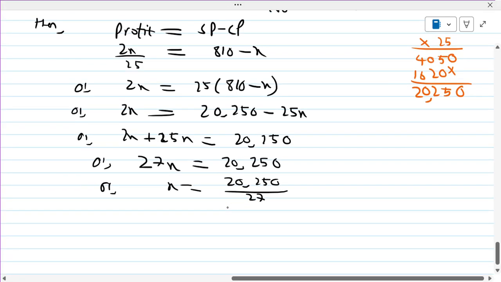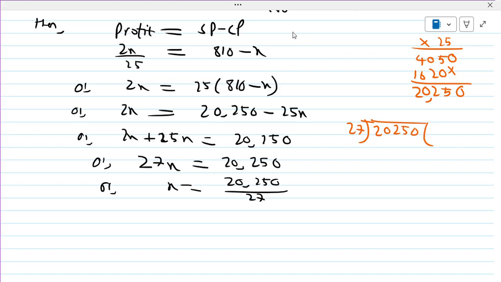And now we have to perform division manually over here by performing long division. So by 27, 20,250, let's get divided, is it? So 20 cannot get divided by 27, so 202 you have to take. So you can consider this is nearly 200, more than 200 is there, 202. Let's consider as 200, and 27 let's be considered as 30.